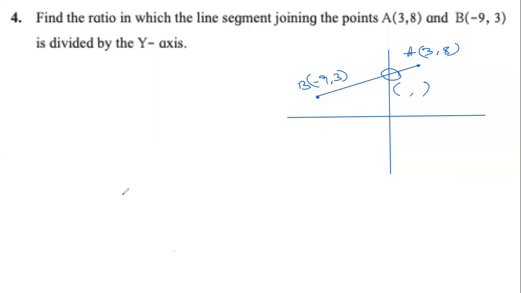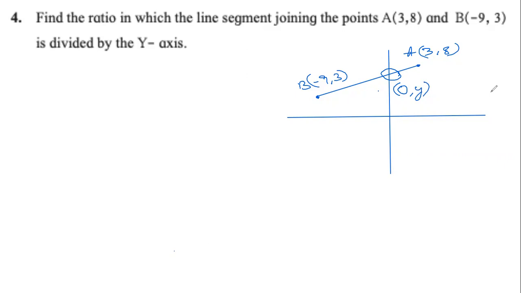Any point on the y-axis, the x-coordinate will be 0. So for this point, we can very surely say that this is 0. What we don't know is the y.